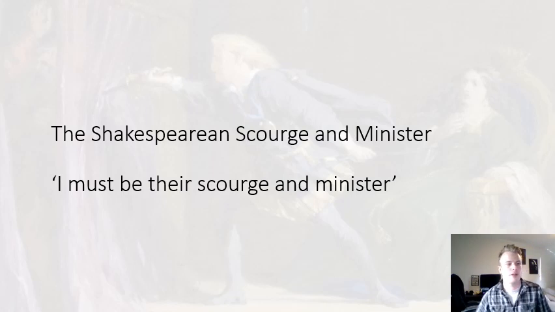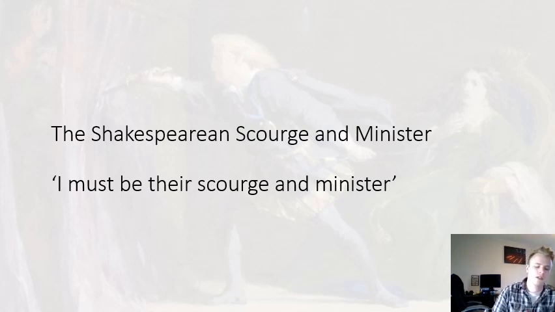Okay, so hopefully you got a bit of research around it. You managed to find some of the interesting bits. Our most conventional and famous examples of this in Shakespeare for the scourge and minister would be Macbeth, where Macbeth is the scourge and Malcolm is the minister, and then Richard III, where Richard is the scourge and Henry is the minister. Now generally these two roles are split into separate characters.